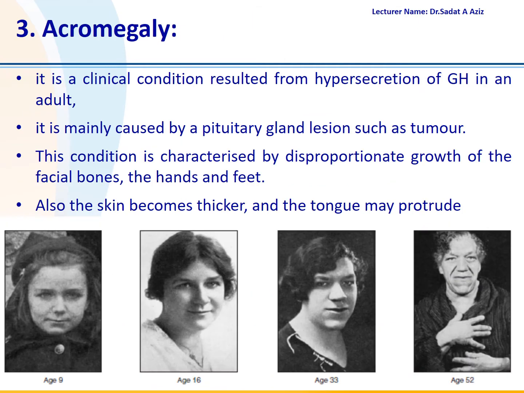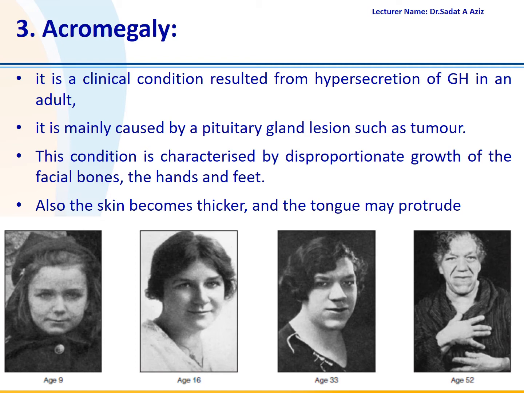And the third type of growth hormone related abnormality is called acromegaly. It is a clinical condition resulting from hypersecretion of growth hormone in an adult.